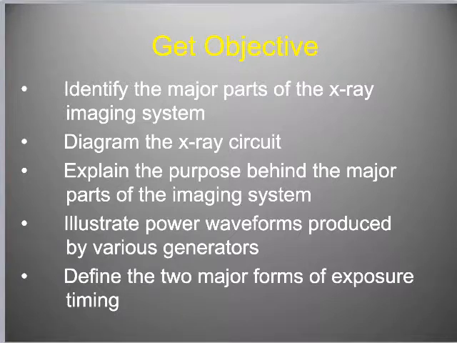Each thing is important and integral, and if any part stops doing what it's supposed to do, the rest of the system falls apart. We'll talk about power waveforms and how they relate to generators, which interfaces with Chapter 7. Then we'll wrap it up by talking about exposure timing. The automatic exposure control is also part of this circuitry.